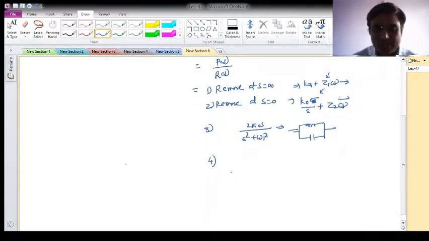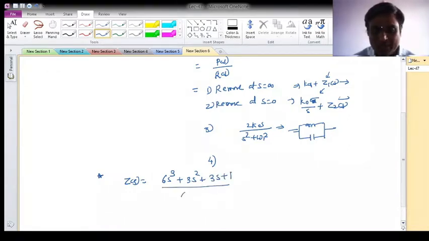So let us now see the fourth example, how to remove the constant. Suppose now my Z of S is 6s cube plus 3s square plus 3s plus 1 divided by 6s cube plus 3s.